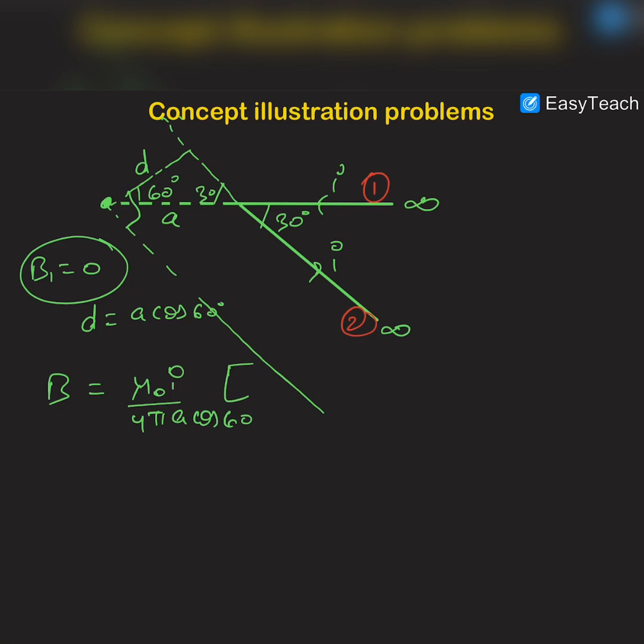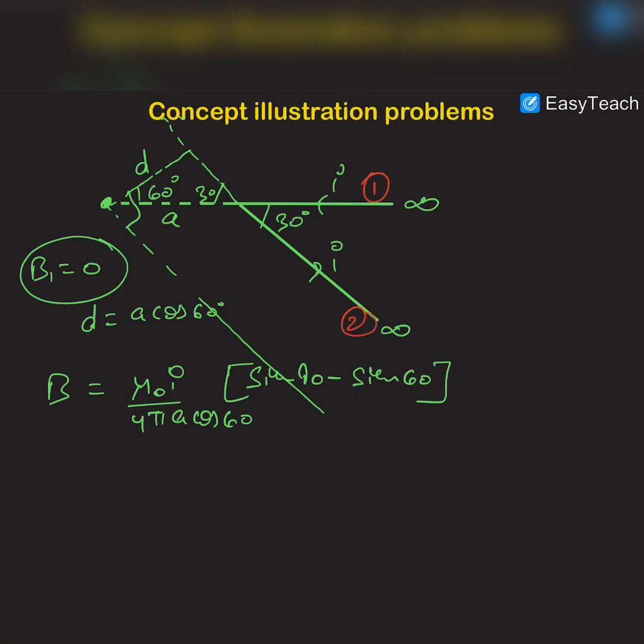And you should remember the special case I told you: if φ1 and φ2 are both on one side of the perpendicular, you can see that this is the perpendicular and φ1 is on this side and φ2 is also on this side, then there is a negative sign between sin φ1 and sin φ2, and obviously it is sin at the bigger angle minus sin at the smaller angle. So the bigger angle is sin 90, so it would be sin 90 minus sin 60.